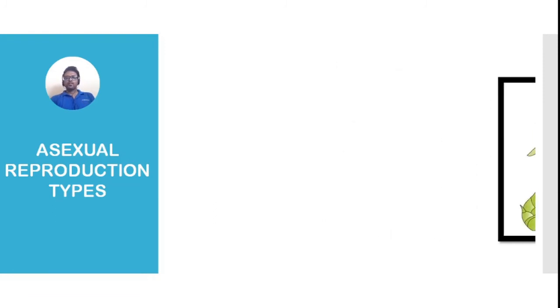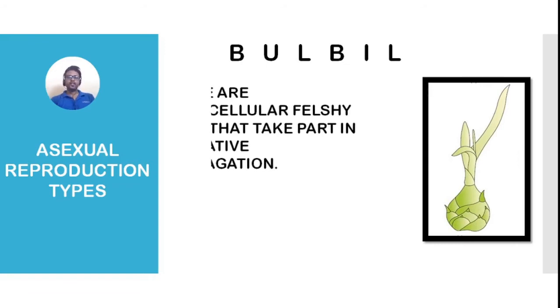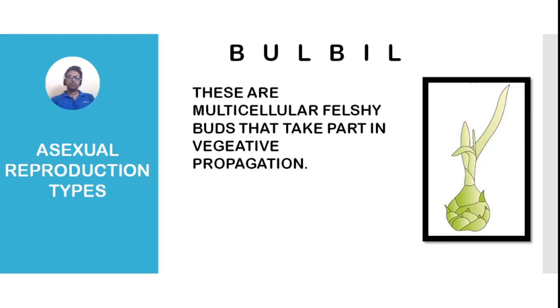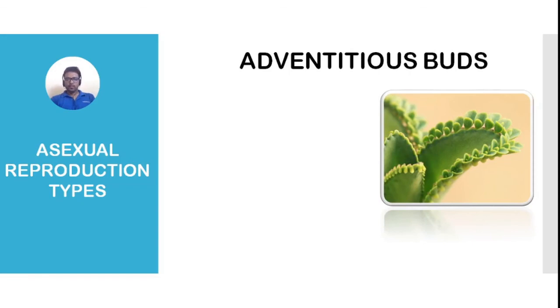Okay. Next one is bulbil. Bulbil is a fleshy multicellular bud that takes part in vegetative propagation, and it is commonly seen in agave. Okay. Now the last one is adventitious bud. Adventitious buds are generally seen on the leaves of Bryophyllum.